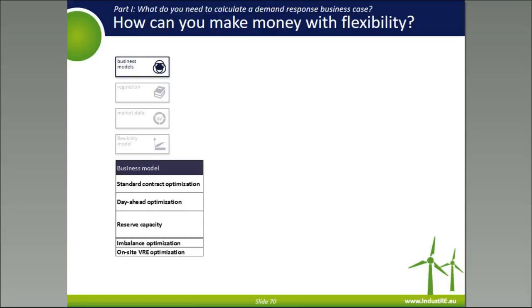We simplified it a bit further because we have to get it all fitted in one tool. But the main ones you'll recognize. The standard contract optimization is the time of use thing, the day-ahead optimization, reserve capacity, imbalance optimization, and on-site variable renewable energy optimization. These have been explained by Pablo earlier this afternoon. So those are the business models.